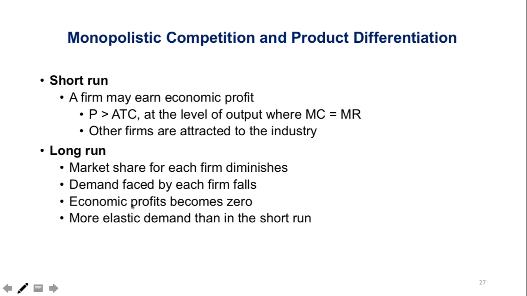Therefore, the demand faced by each firm falls, and then the economic profit becomes zero. And so we end up with a more elastic demand than in the short run. So in the long run, always remember the demands are more elastic, because in the long run there are more substitutes for the product than in the short run.